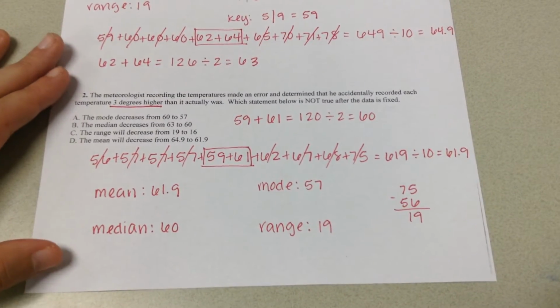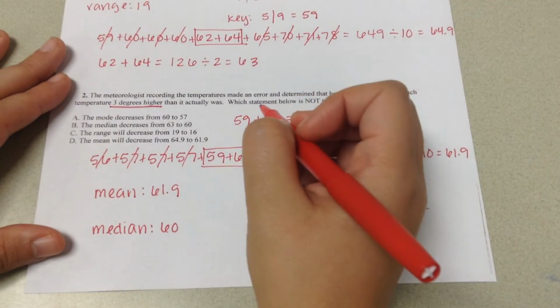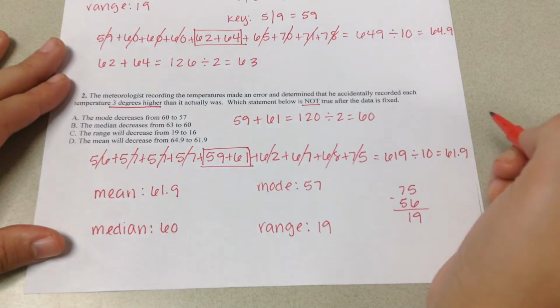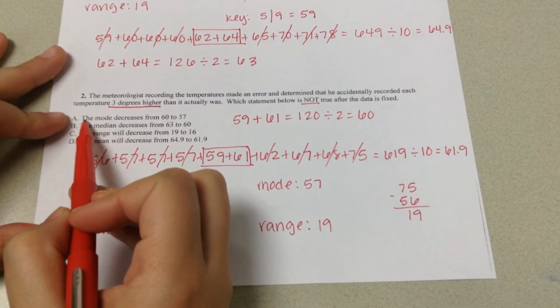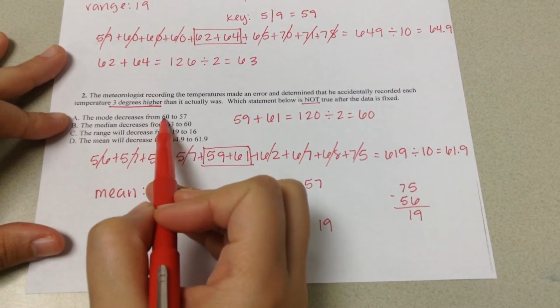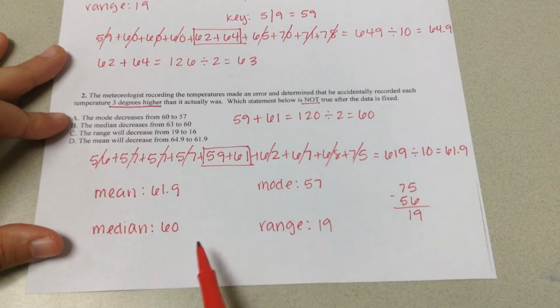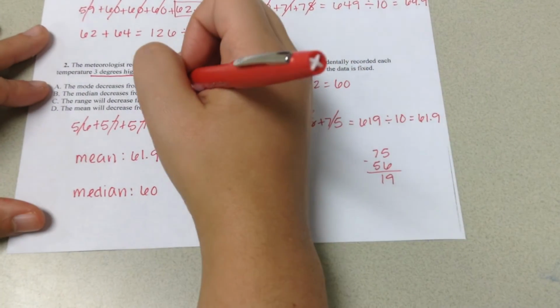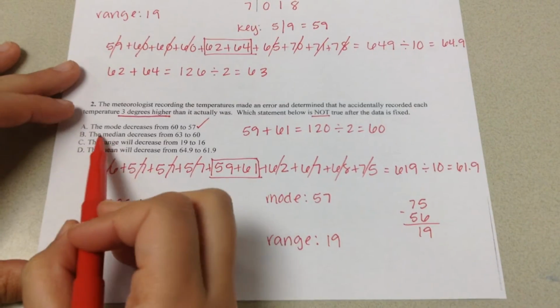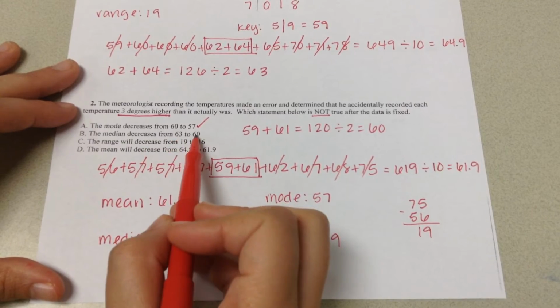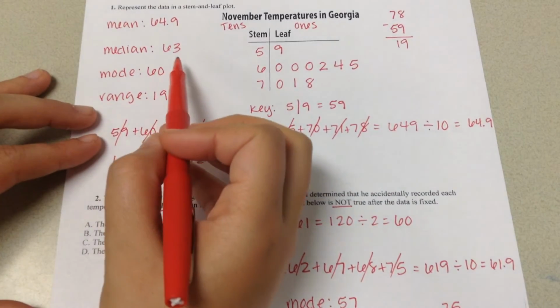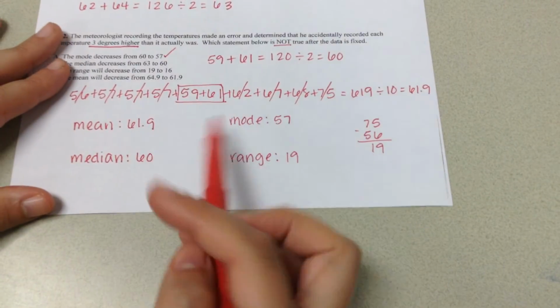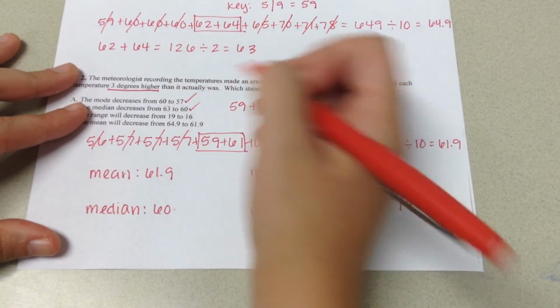Okay? So now I'm looking for which one is not true. So letter A, the mode decreases from 60 to 57. So if I look at my mode, I used to have 60 and now I have 57, so that's true. Then the median decreases from 63 to 60. Well, the median used to be 63 and now it's 60, so that's true.